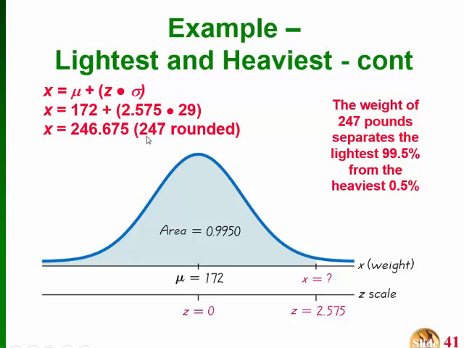So if you would have done it using their process, you would have had to figure out the z-score that's associated with that area, and then from the z-score convert that to an x, which gives us the same value, which is 247.